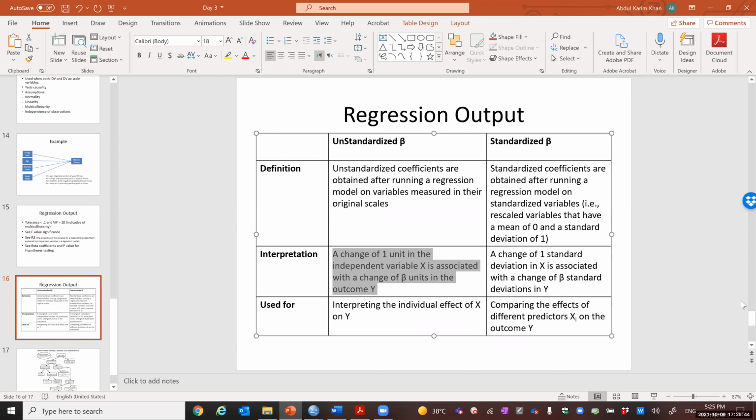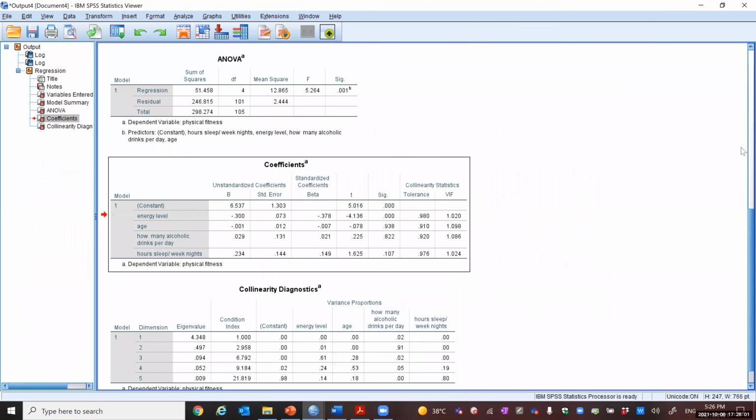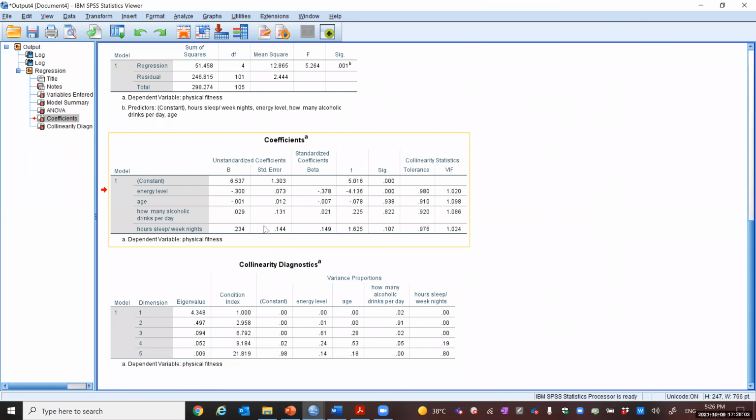That's not the case; usually we think that if energy level is going up, we are more fit. Okay, so this is how you would interpret. So we only found one factor significant. If you look at this output, it is energy level, minus 0.3, and significance is 0.000.